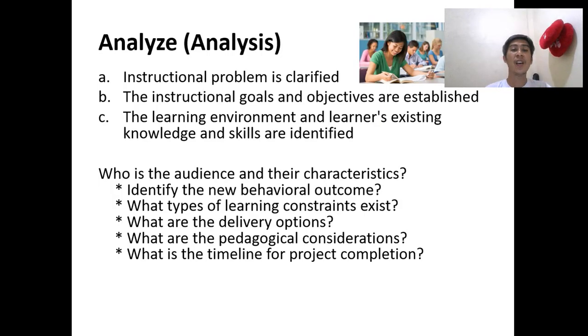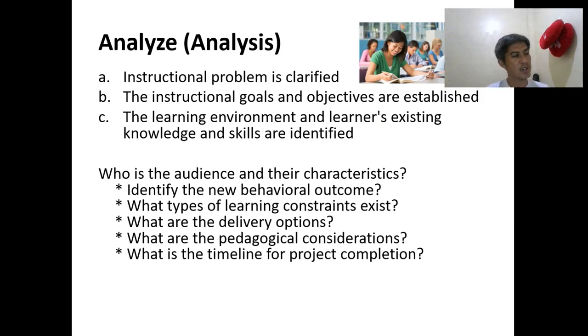Okay, don't forget, after you have analyzed the context of your learning space, the learning context, then you can start writing goals and objectives in the analysis stage. You can start to look at what delivery options I have if these are the problems of the students.